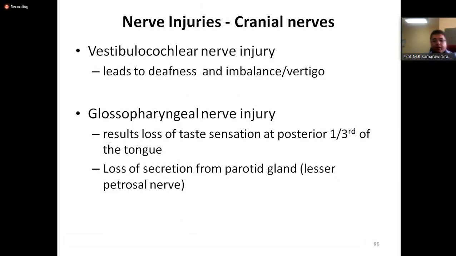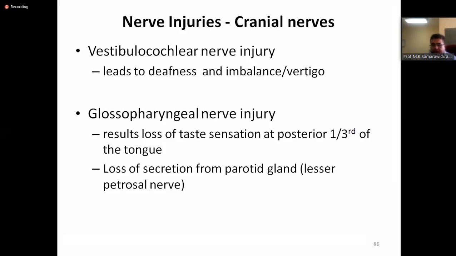And then individual branches can be damaged, for example, the marginal mandibular branch can be damaged during submandibular gland surgeries, right? So you know what is happening when that branch is damaged, the mouth deviates to the unaffected side, right? Vestibulocochlear nerve injury leads to deafness and imbalance or vertigo.